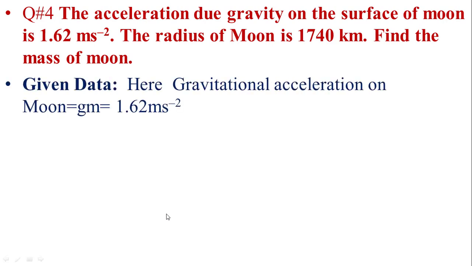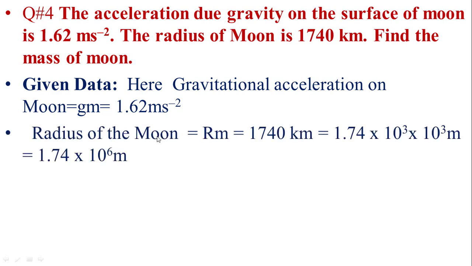Here, the gravitational acceleration on the moon is denoted by small g, so small gm is equal to 1.62 meter per second square. Now the radius of the moon, Rm, is equal to 1740 kilometers.